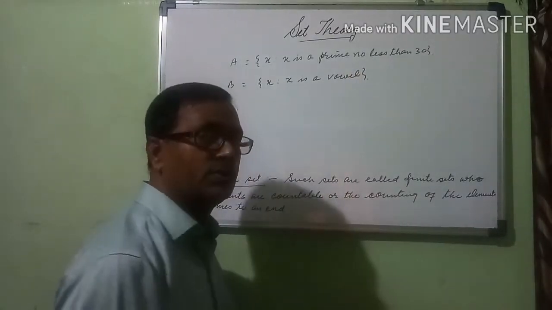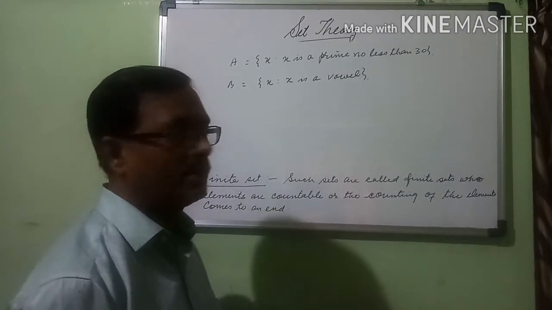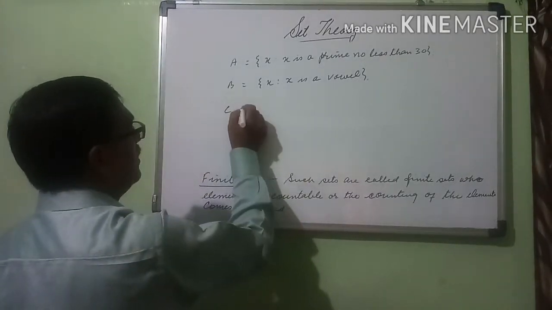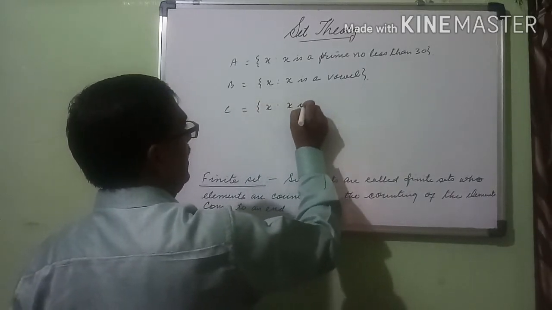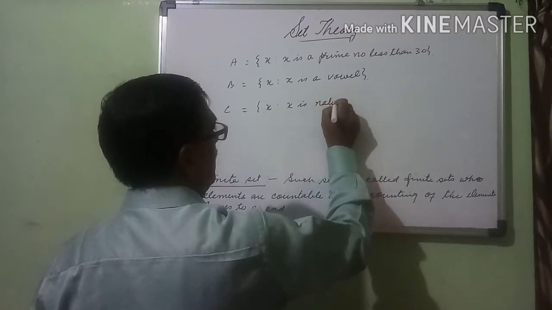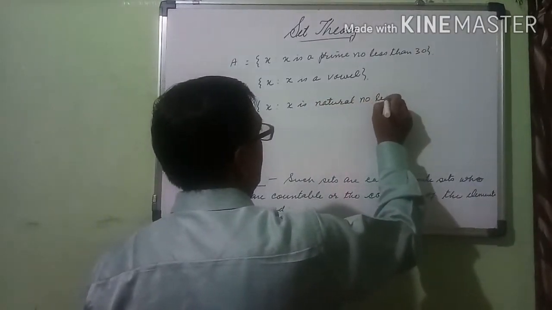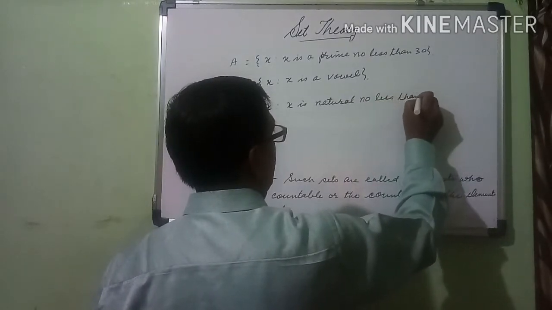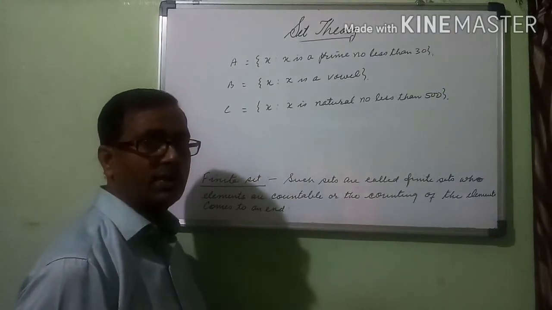What are the vowels? A, E, I, O, U. You can count it. X such that x is a natural number less than 500. It is also countable.